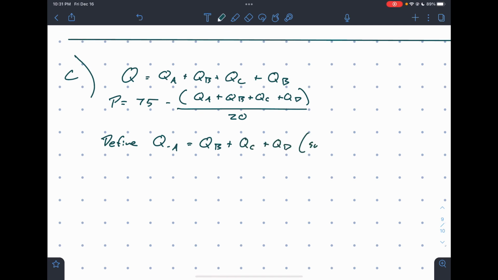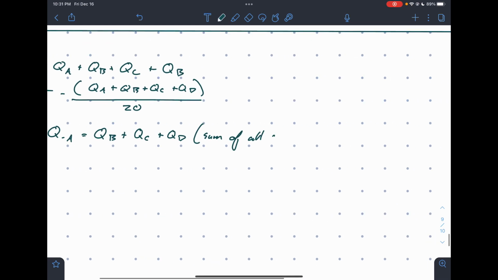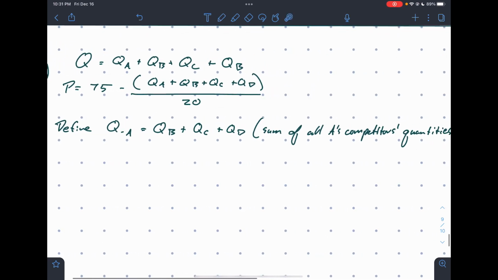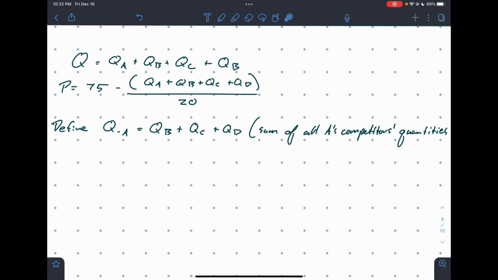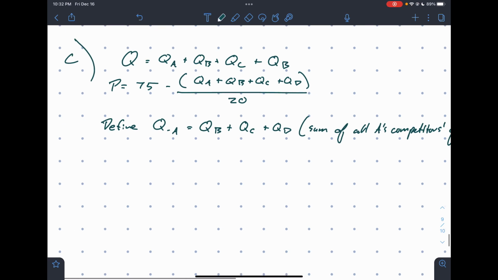So this is the sum of all competitors' quantities, of all A's competitors. So this is the sum of everyone who isn't A. And this is just Q negative A. That's kind of a compact way of saying it.